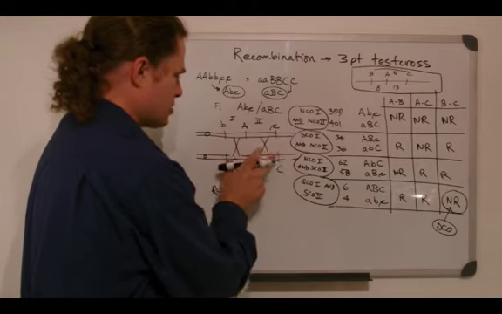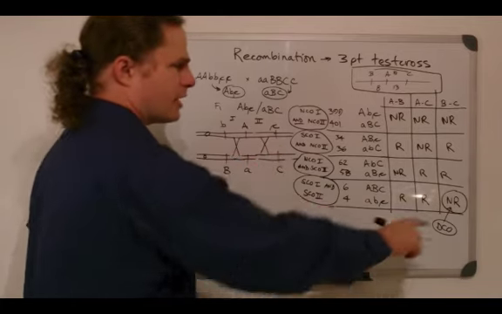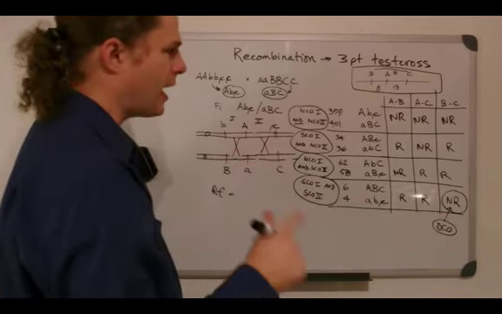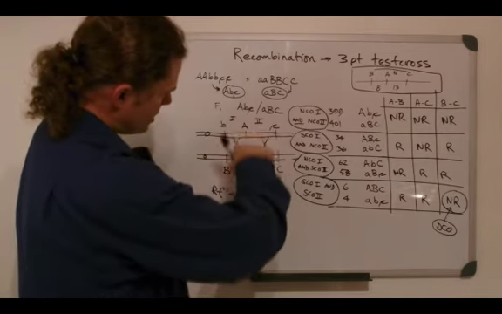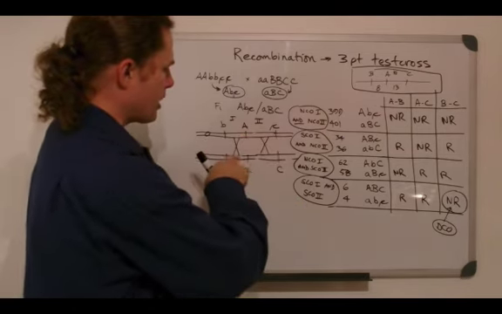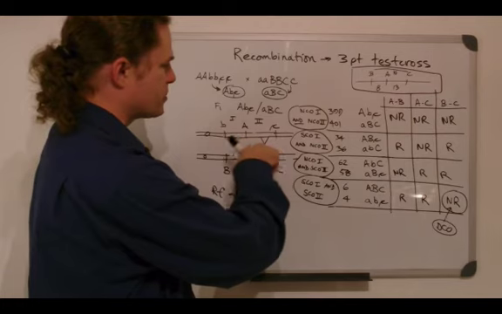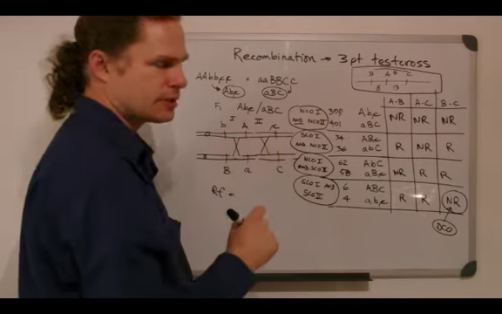Now, between these 2 loci, genetically, even though they're not recombinant, we have the ability, because of this locus in the middle, to recognize when 2 single crossovers happen to the same pair of chromatids.